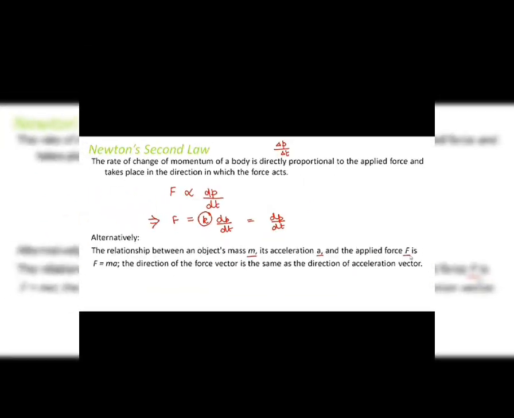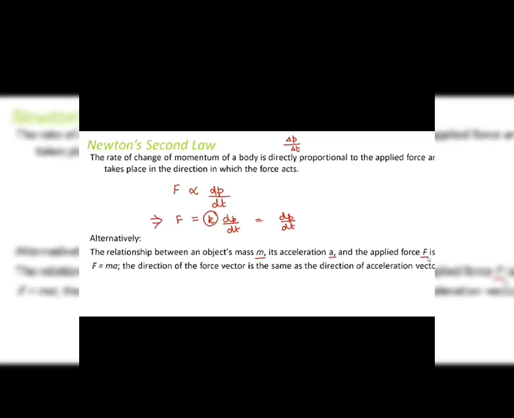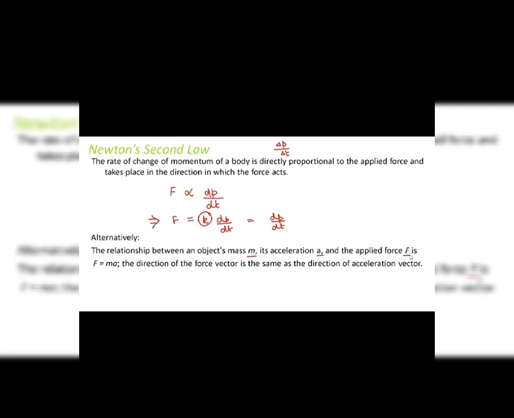Now, this dp by dt can also be written alternatively. The second law is stated as the relationship between an object of mass m, its acceleration a, and the applied force F, given by F is equal to m into a. The direction of the force vector is the same as the direction of the acceleration vector.